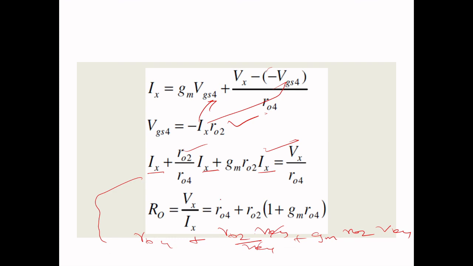With that only r04 plus r02 plus gm r02 r04 is coming. From here I can take r02 common, so that you'll get r02 into 1 plus gm r04. So you got Vx by Ix, which is your expectation to find output resistance. Vx by Ix equal to r04 plus r02 into 1 plus gm times of r04.